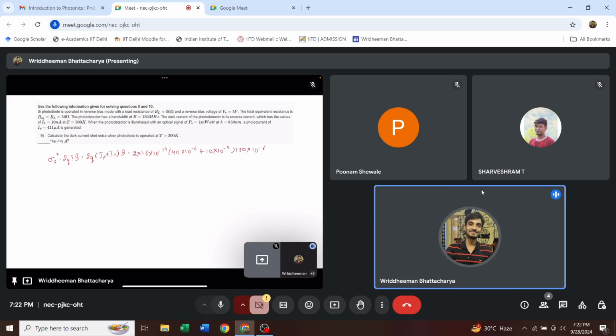Right, I just put the values. By solving this, we'll get 1.97 into 10 to the power minus 14. Right, so this is only required. So this will be around 1.97. This is formula based only.